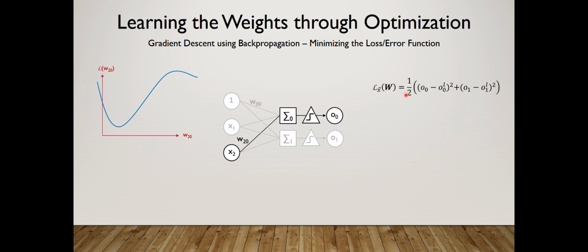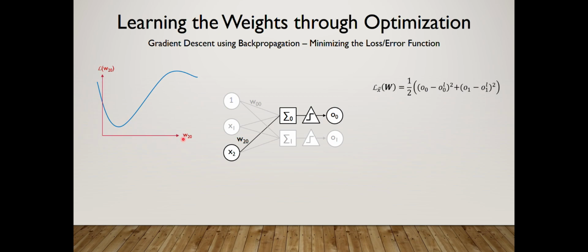So the question is, how does this error function help us determine how we should change these weights? Let's just assume, for the sake of simplicity and this discussion, that our loss function is only dependent on one single weight, which is weight 20, this guy here. So it's a very simple function.